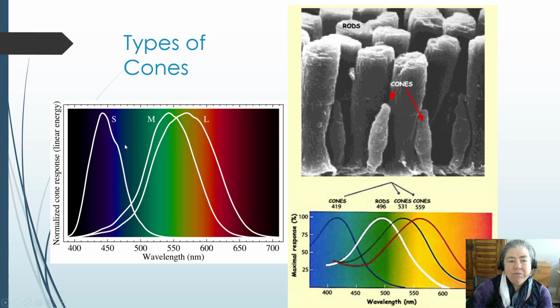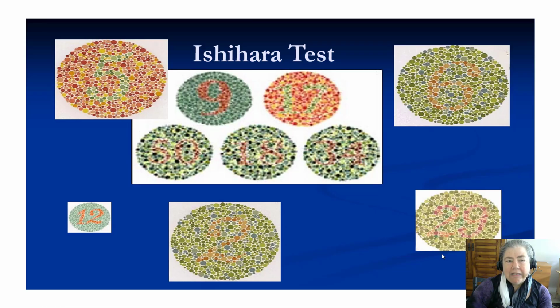This slide is showing the different kinds of cones. So people say blue, green, and red. They obviously overlap, which is what allows us to have a wide range of the ability to detect different colors.